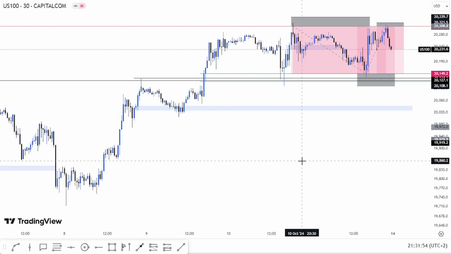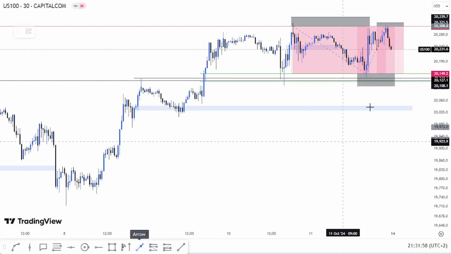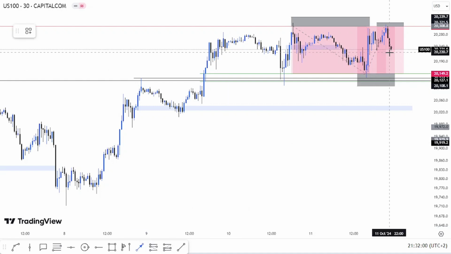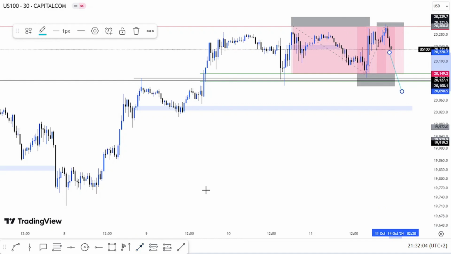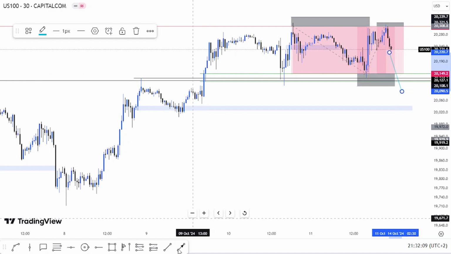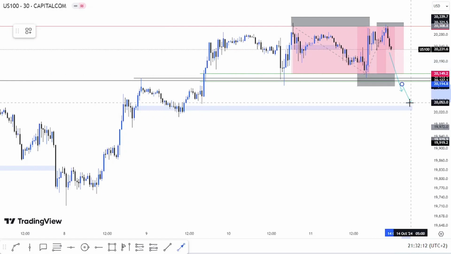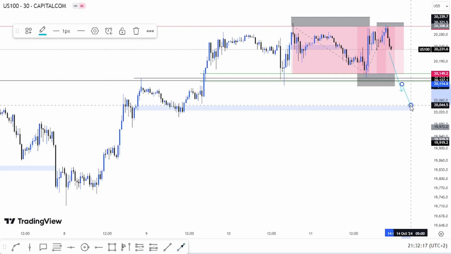But I really hope that we push to the downside. Probably we break this, and then we come lower to this demand, maybe hold or maybe even go lower again. I really don't know.